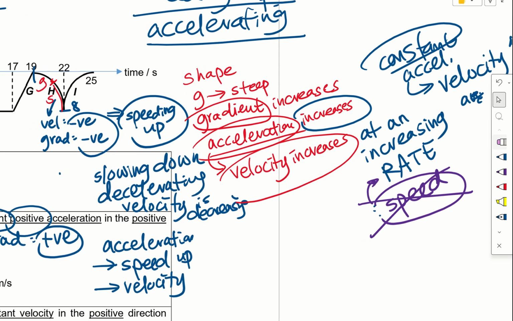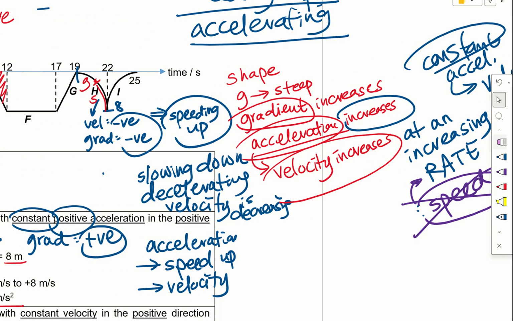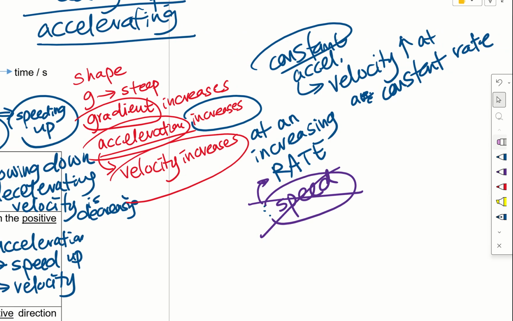But if you look at the gradient for H, it is not constant. That means the acceleration is not constant. If you just say it's not a constant acceleration, for pure physics students, I'm afraid you have to go one level higher.